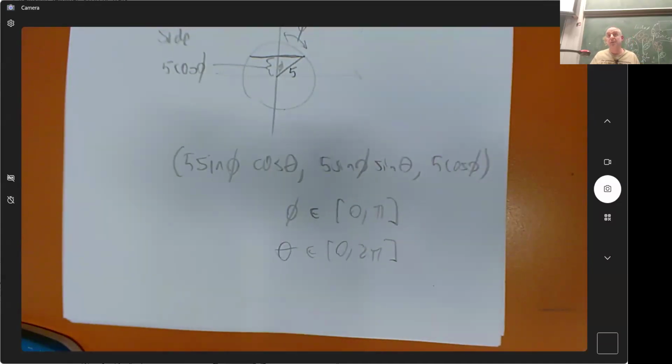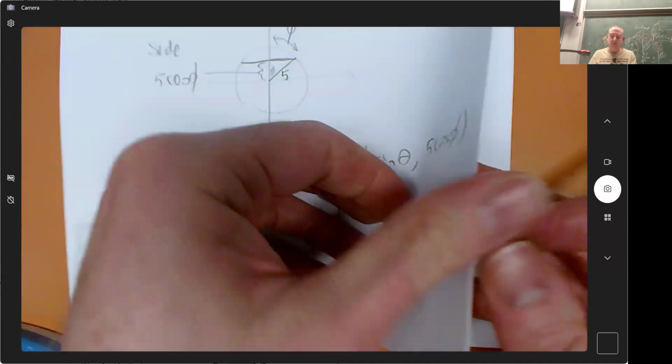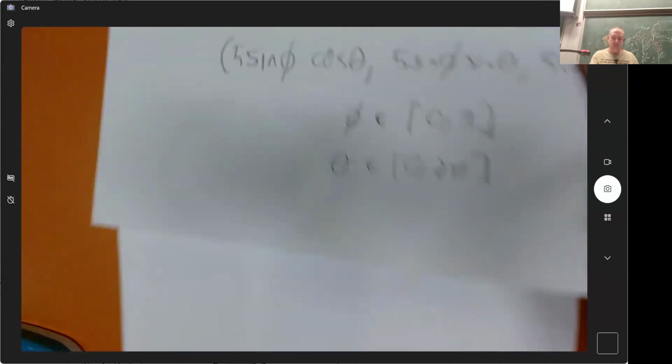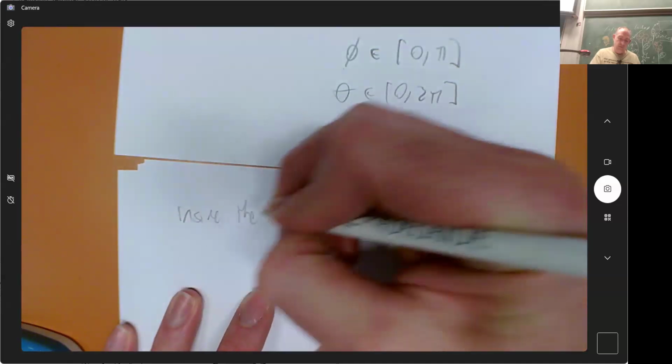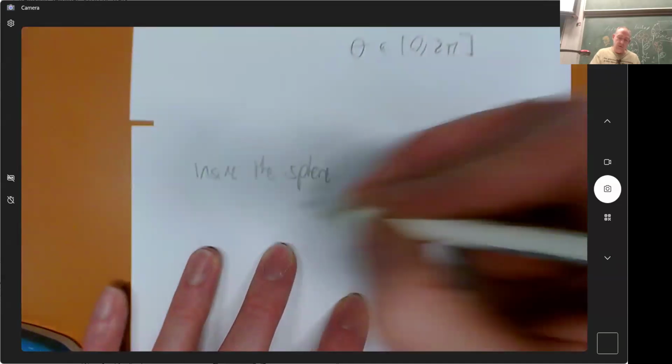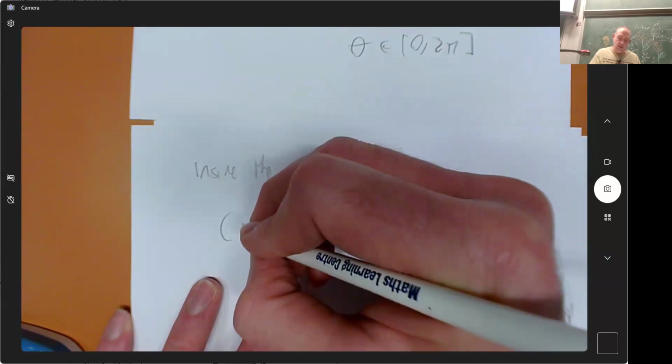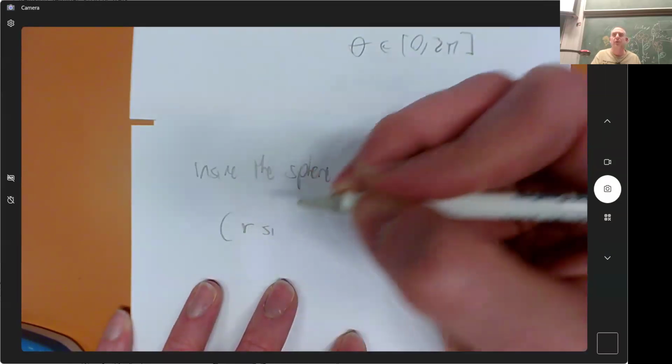That gives the surface. But if you wanted the entire inside of the sphere, then you could imagine it as being a whole lot of spheres stacked inside each other of different radiuses. They use rho, don't they?